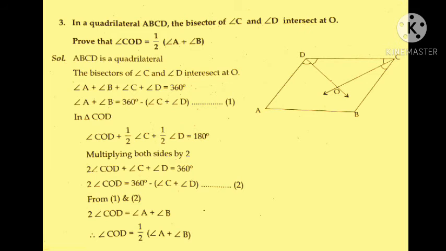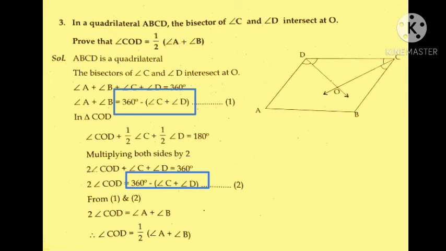Next step, 2 angle COD is equal to 360 degrees, and sending angle C and angle D to the right side of the equation, it becomes minus of angle C plus angle D. Let us say this is equation 2.